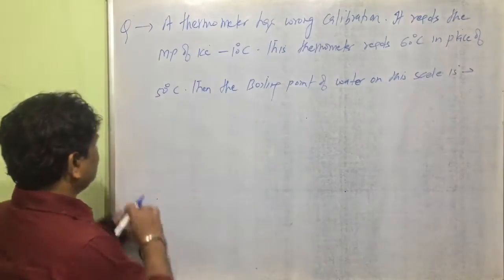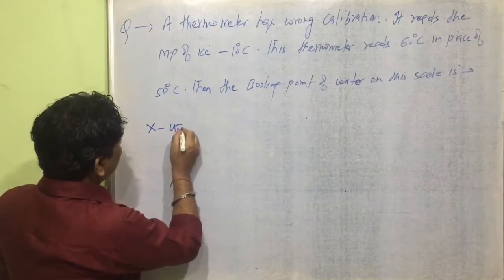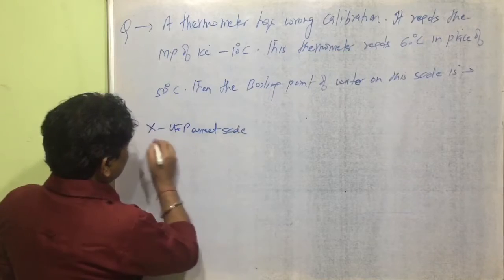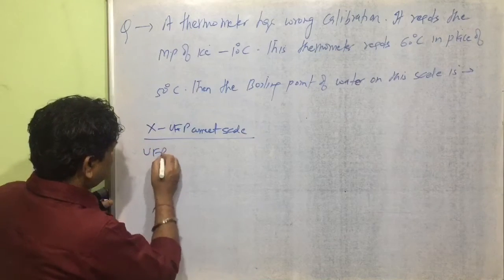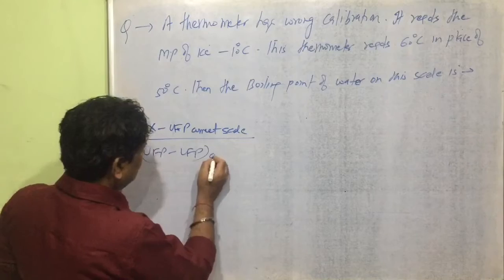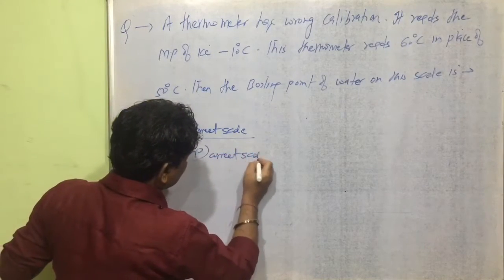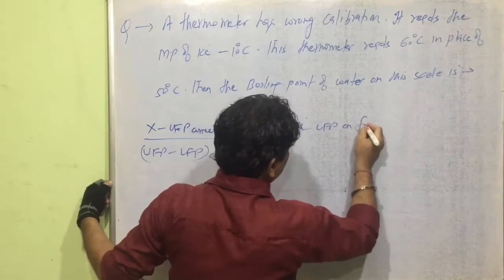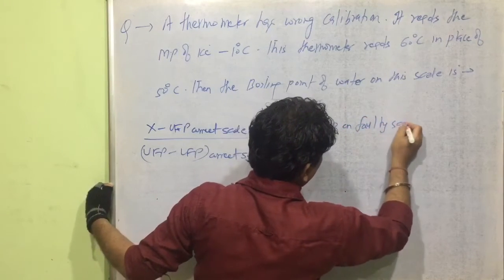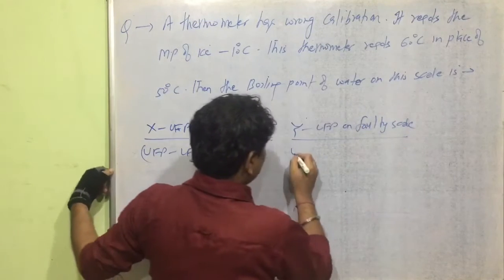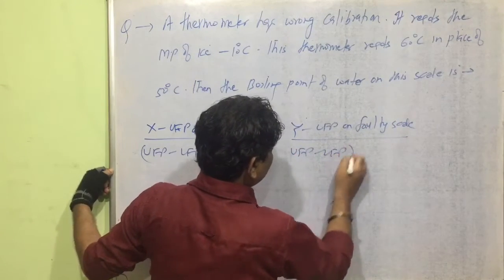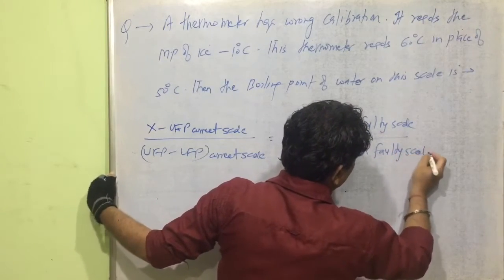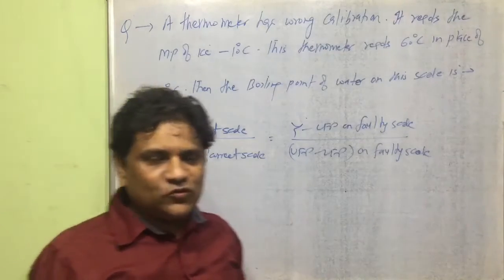First we can write the relation: x minus lower fixed point on correct scale divided by upper fixed point minus lower fixed point on correct scale is equal to y minus lower fixed point on faulty scale divided by upper fixed point minus lower fixed point on faulty scale. So this relation will now be helpful to solve our question.